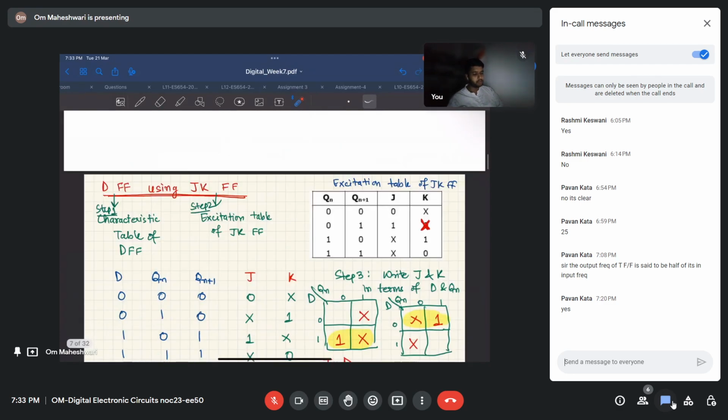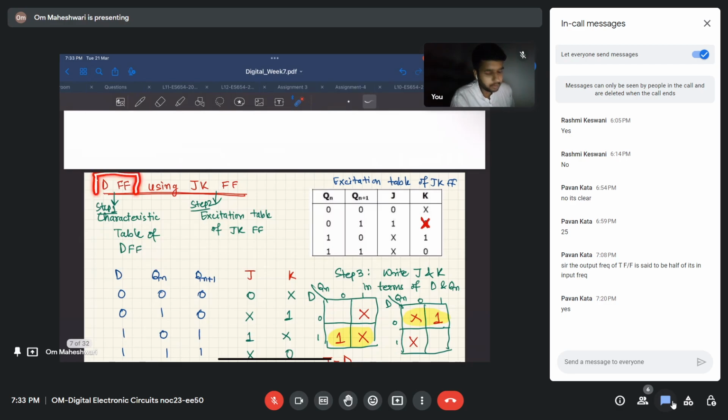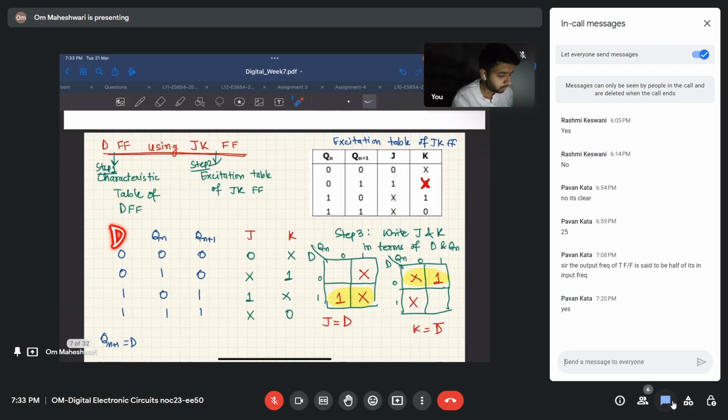First we took D; we wanted to build D flip-flop using JK. We have a very defined way to do this. First, for the flip-flop that we want, we write the characteristic table. What is the characteristic table? Input, Qn, and the next output.